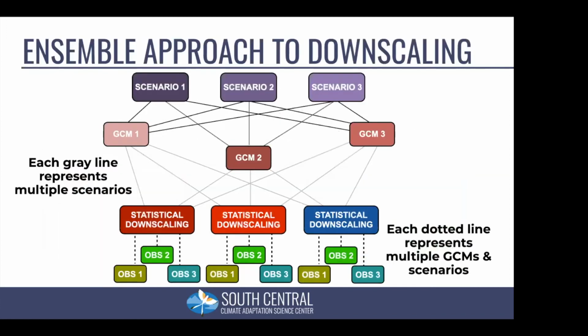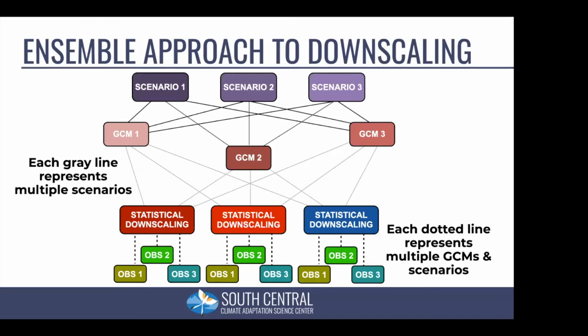At the South Central Climate Adaptation Science Center, we use an ensemble approach to develop climate projections for the South Central United States. This approach uses multiple scenarios, multiple GCMs, multiple downscaling methods, and those are trained on multiple observational data sets.